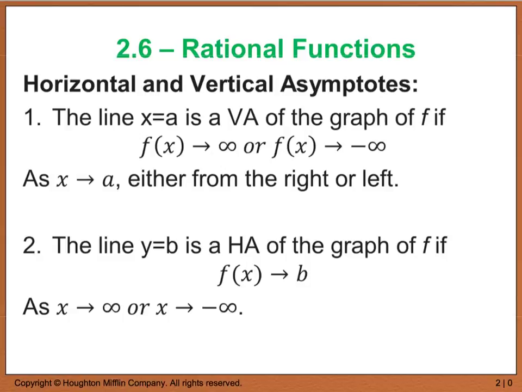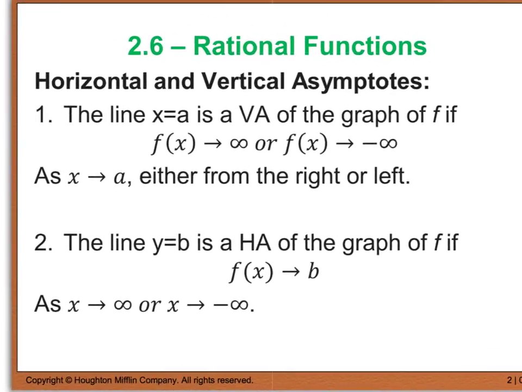Now with that being said, we have similar types of rules when we're looking at horizontal and vertical asymptotes. The first one says the line x equals a is a vertical asymptote of the graph of f if your y values approach either positive or negative infinity.